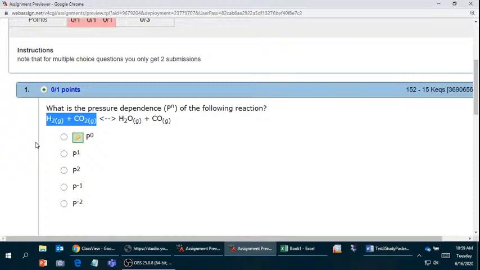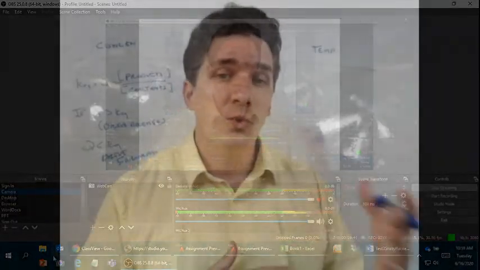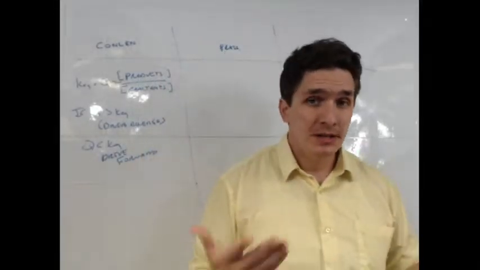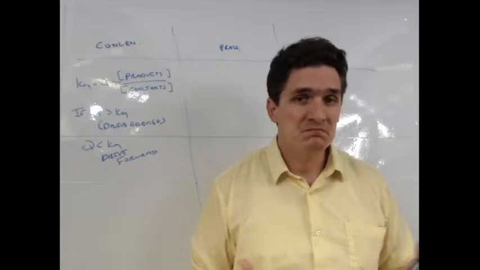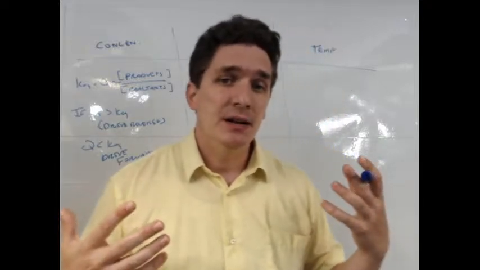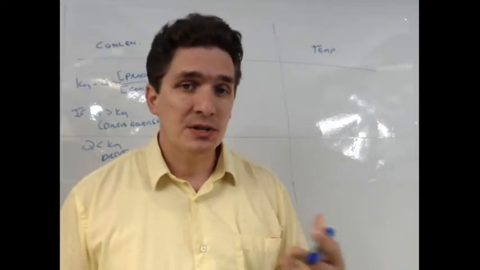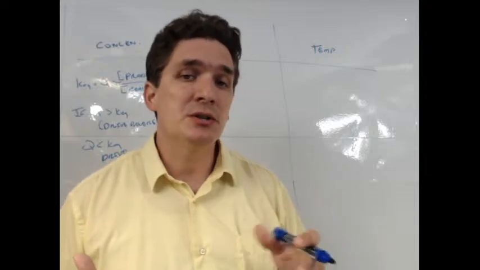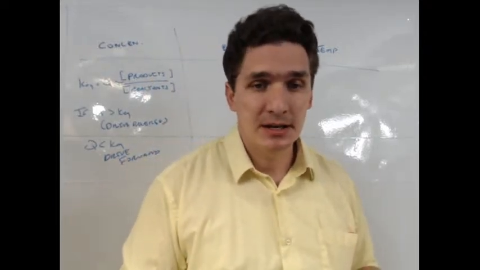So the more complicated part about the pressure dependence is that you're going to have to look at the reaction and see if there's more moles of gas on one side or the other. If there isn't, meaning there's the same number of moles, there's no effect from pressure. If there are more moles of gas on one side or the other, if we increase the pressure, it's going to go to the side with fewer moles of gas.